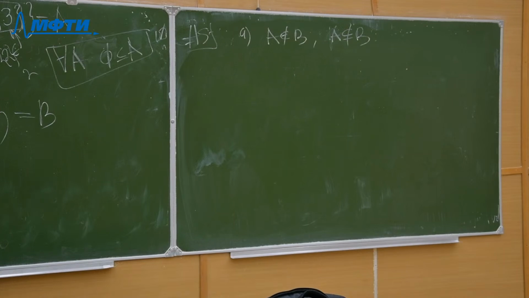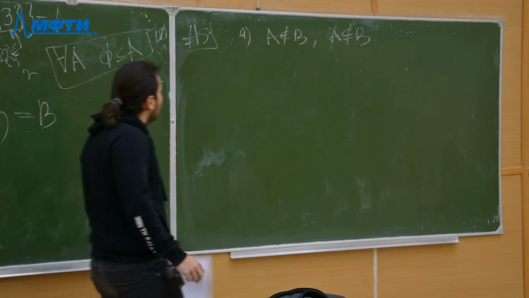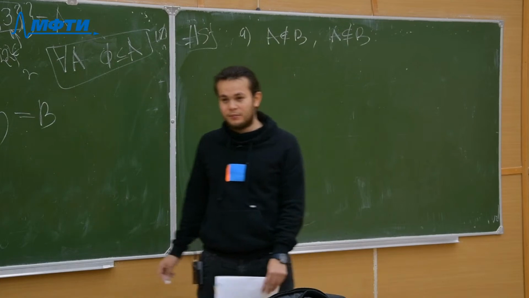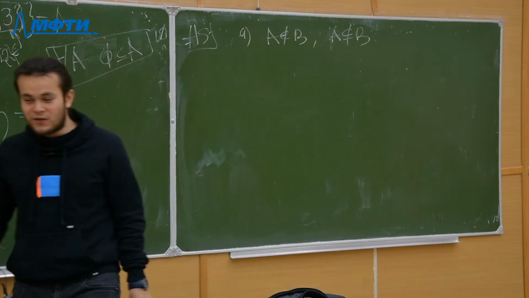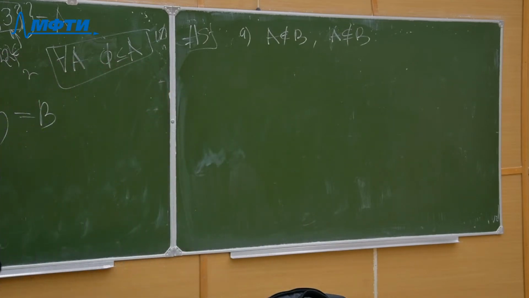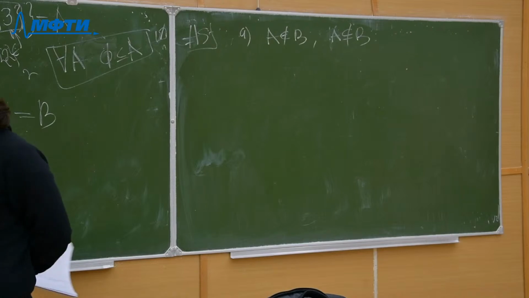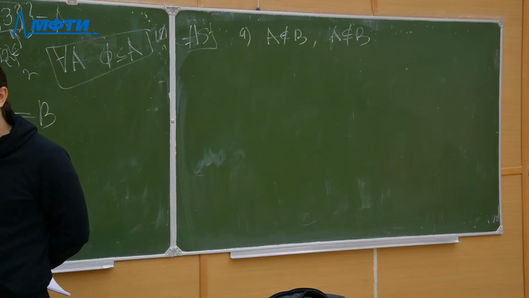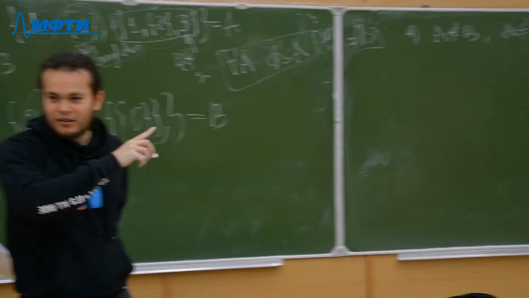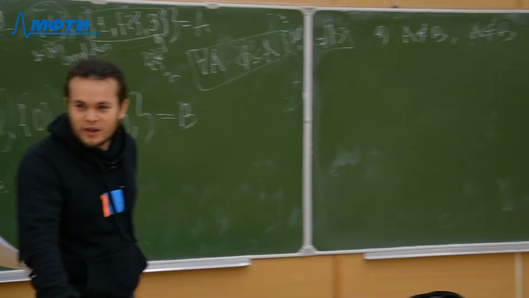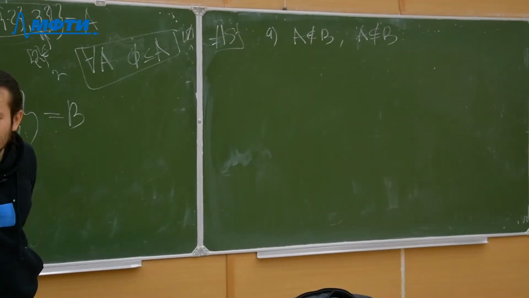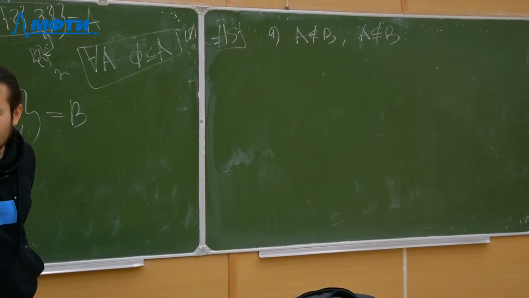B is A. Wait, B is A and C is this, so it means that A is an element of B. It's about this. No, I think he's talking about this one, right? Right, Lucas? No? Okay, so yeah, it looks like A is an element of B.